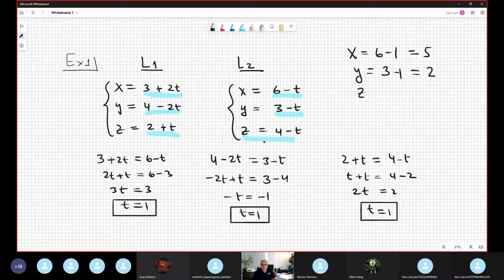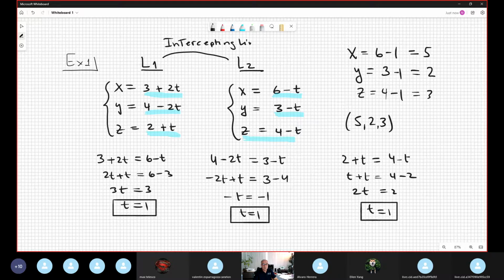And z is equal to 4 minus 1, that is 3. The intersecting point is the point (5, 2, 3). So the conclusion: they are intersecting lines, and the point at which the lines intersect is that point. Super clear?